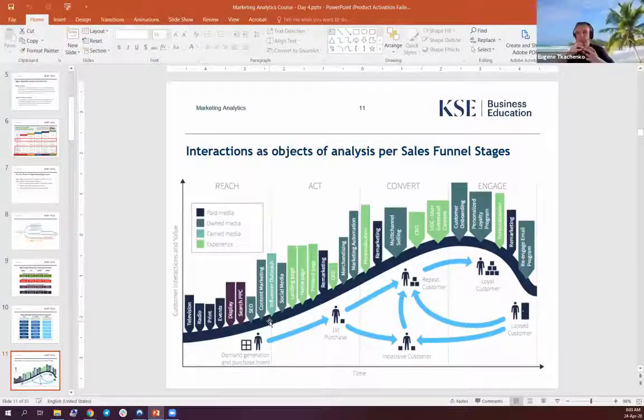So the biggest challenge is to have the proper measurement framework in place so you are able to measure all your channels at the same time, for example at the reach, act, convert, or engage stage. You know that at the same time you have 3 active paid media channels, 2 active earned media channels, and certain platforms where people speak about their personal experience.